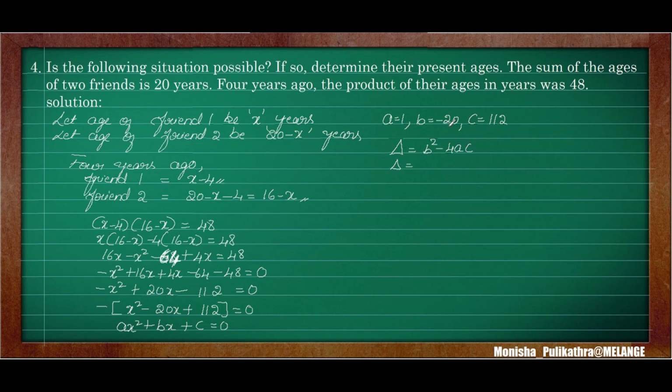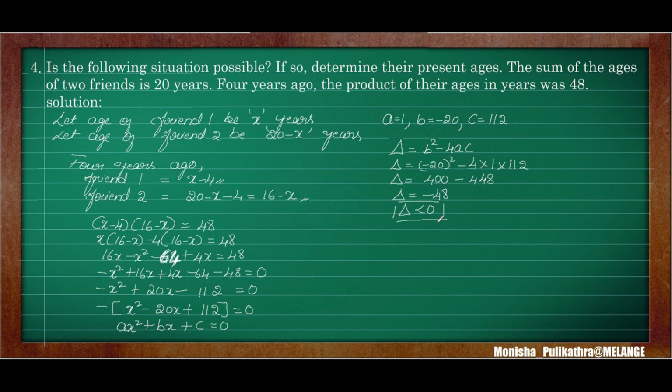So delta is equal to minus 20 whole square minus 4 into 1 into 112. So delta is equal to 400 minus 4 2s are 8, 448. Okay, so delta is equal to 400 minus 448, which is minus 48. So delta is less than 0.